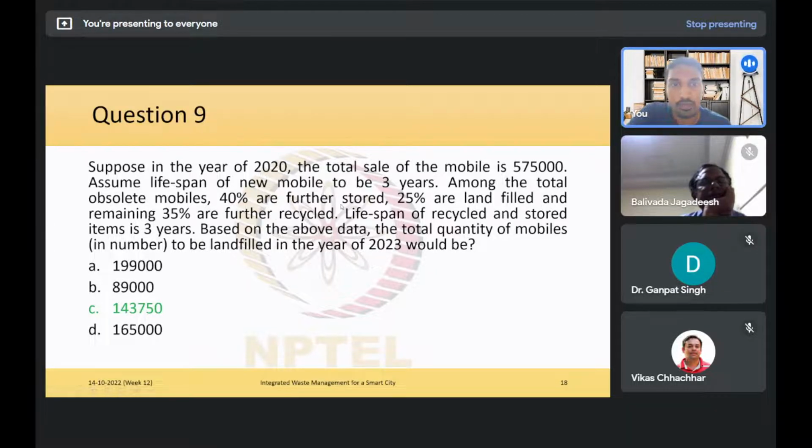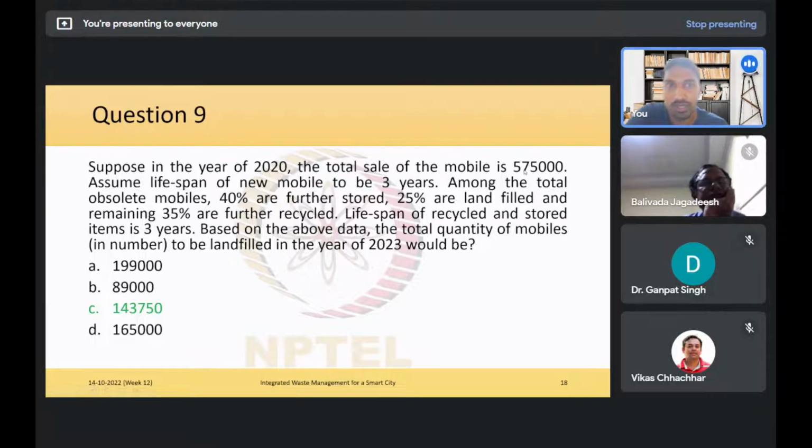The mobiles which are getting stored or recycled will have another 3 years of life. So they can be used for 3 more years if they are stored or going for recycling, which means that by the year 2026, all these 5,75,000 mobiles will end up in the landfill.